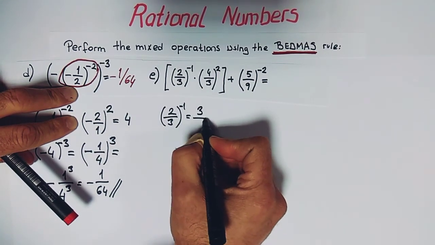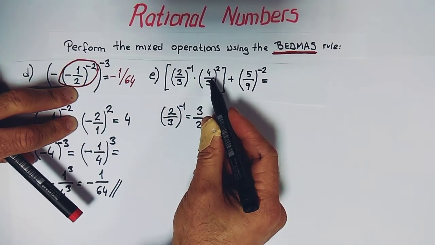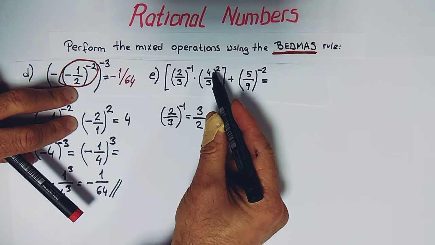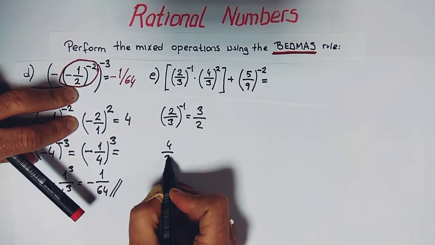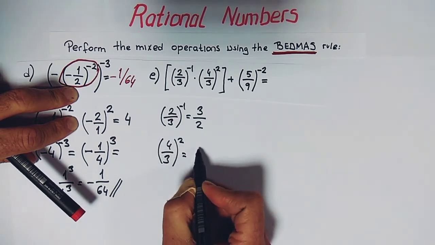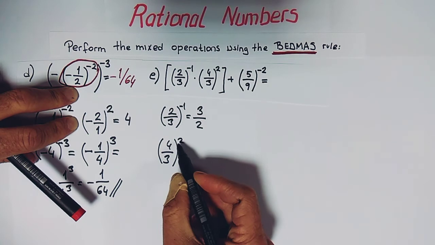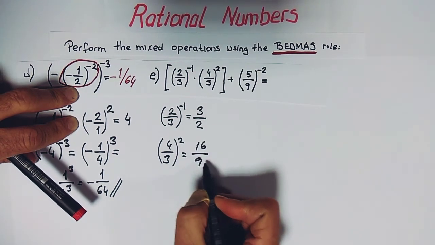It is, yes, you are right, it is 3 over 2. Okay, what about the second bracket, mini bracket? It is 4 over 3 squared. So it is, yes, 4 squared and 3 squared, which is equal to 16 over 9.